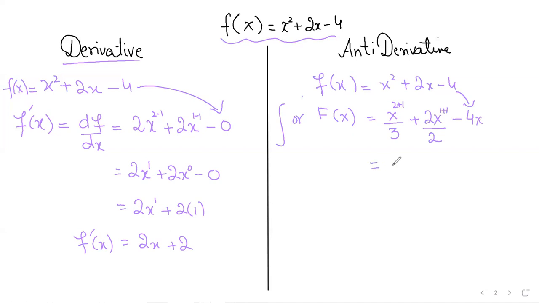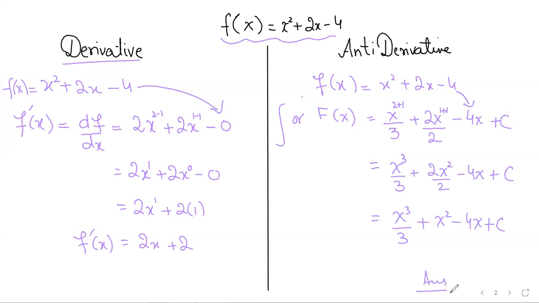So if I solve it further, it will be x to the power 3 over 3 plus 2x square over 2 minus 4x, and c is for the constant, and it's mandatory. We have to place it in the antiderivative. Now if I simplify further, I get x cube over 3 plus x square minus 4x plus c. This is how I solve my question as an antiderivative.